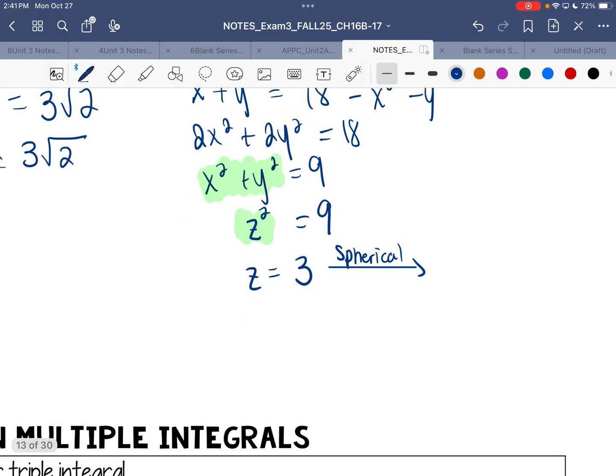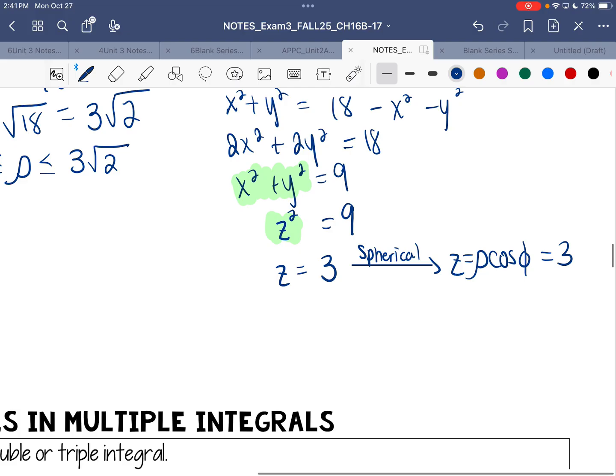So in spherical, what does z equal? Rho cosine phi. And the reason I wanted to rationalize rho was for right now. So rho is 3 square root 2.